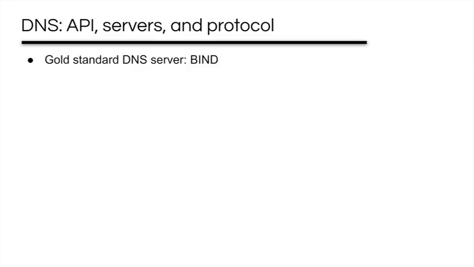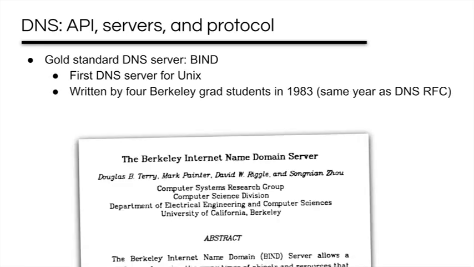So talking a little bit about servers, the gold standard DNS server, which I think is also far and away the most popular one, is a server called BIND. BIND was also the first DNS server written for Unix, and it was written by 4 Berkeley grad students in 1983, the same year as the DNS RFC was written.